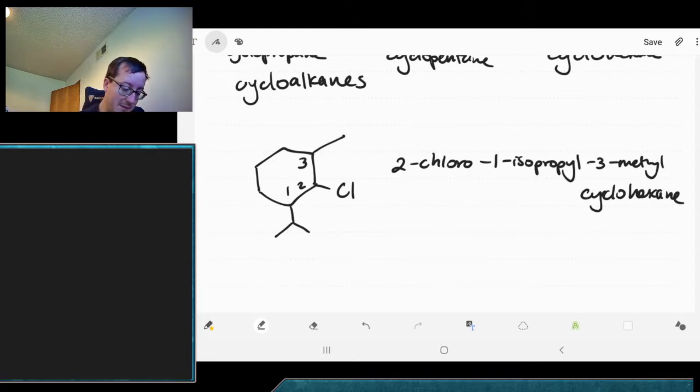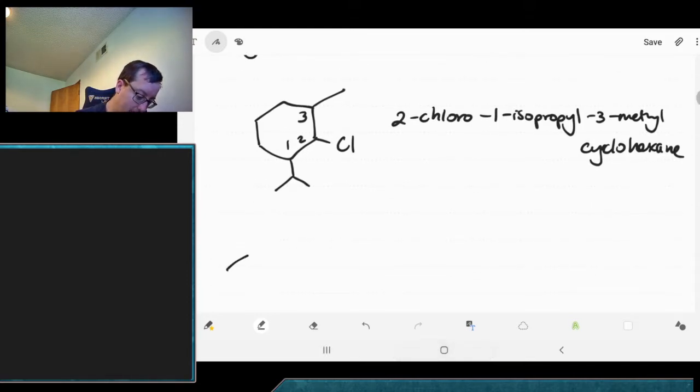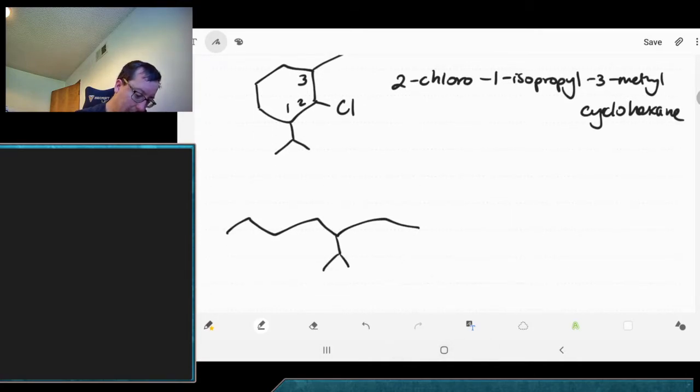You can name them as substituents if you like, and sometimes it makes more sense to do so. Like with this one, you can say this is 3-cyclopropylheptane.